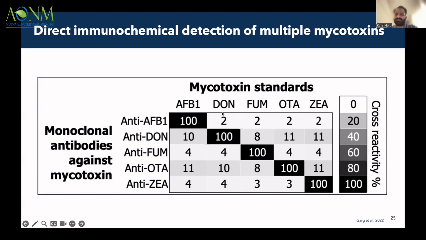So the minimum cross reaction that we've seen is 2%, and the maximum that we've seen is 11%. And this, by an immunoassay standard, is expected, but we have acknowledged it in our paper. So between different classes of mycotoxins, we do not see that high of cross reactivity.